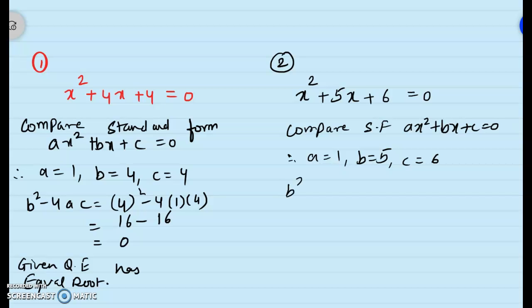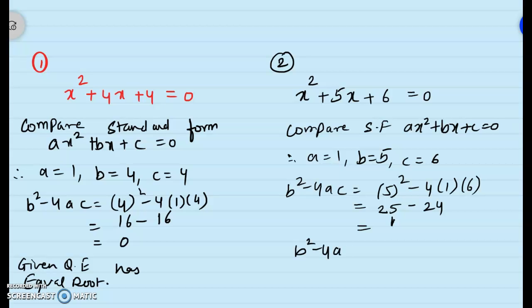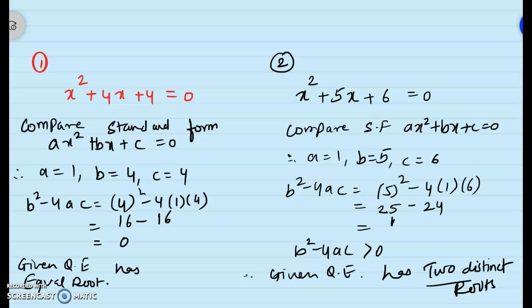Now b squared minus 4ac is 5 squared minus 4 into 1 into 6, so 25 minus 24. I get the answer as 1, which is positive. Therefore, we can conclude that the given quadratic equation has two distinct roots, that is, two different roots. Clear? Thank you so much, guys.